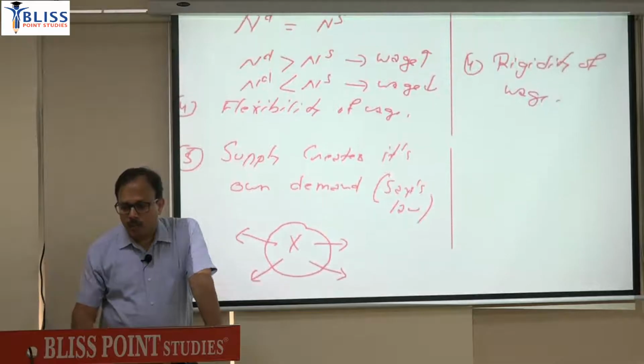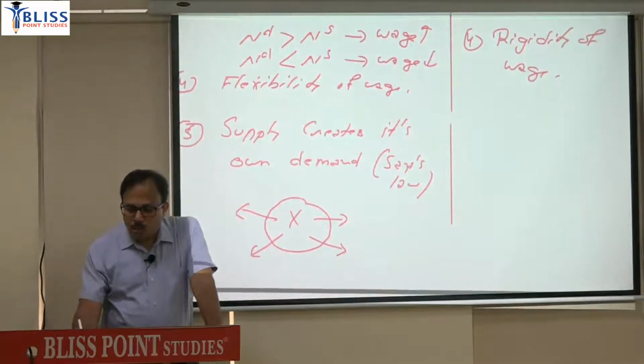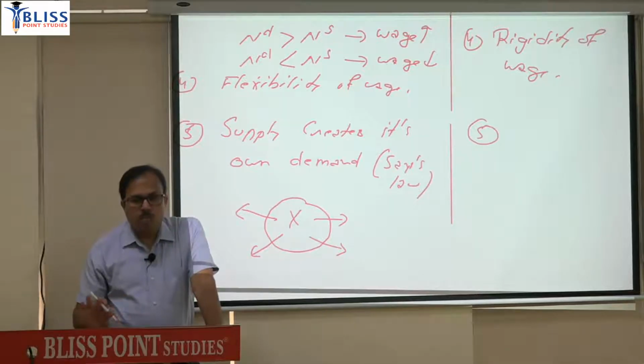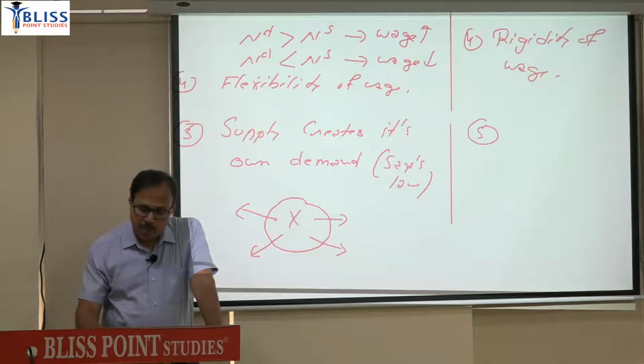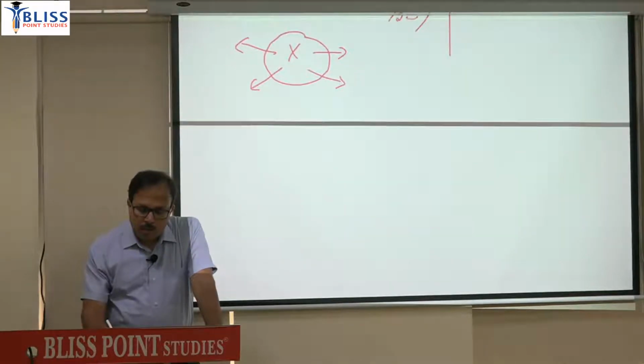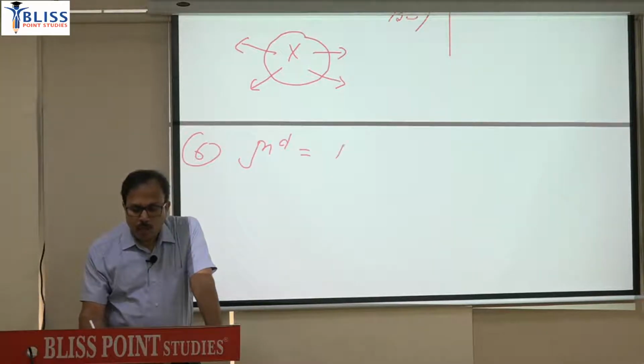So supply creates its own demand was a classical view, but in the Keynesian view supply does not create its own demand. The reason was that in the classical view, demand for money has only one component.